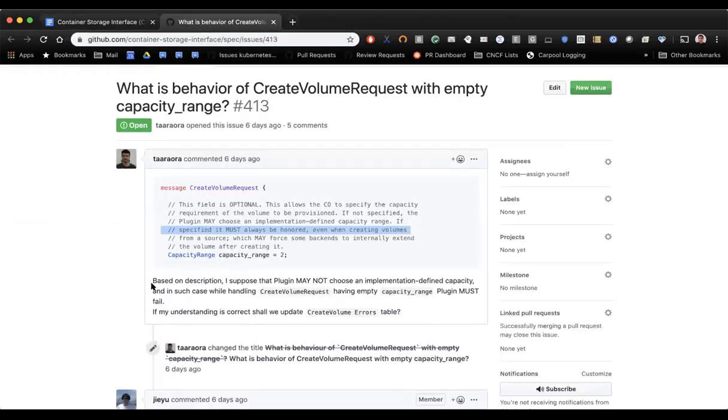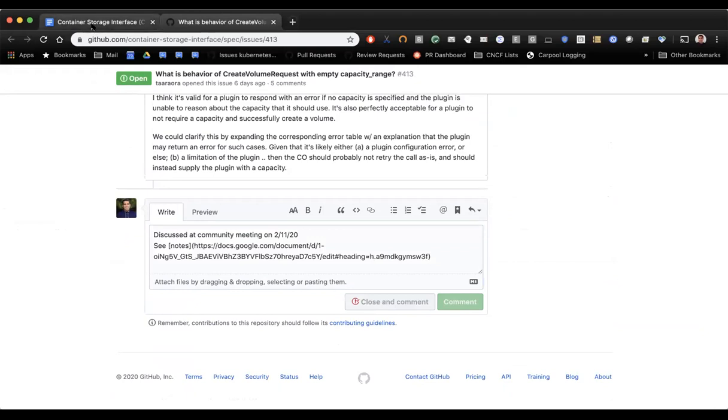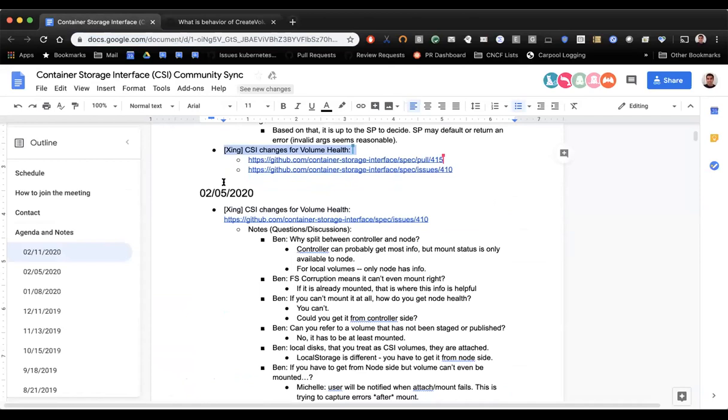Okay, cool. Let me just put a comment here. All right, so moving on to the main item, CSI changes for volume health. I will stop sharing and hand it over to Xing.